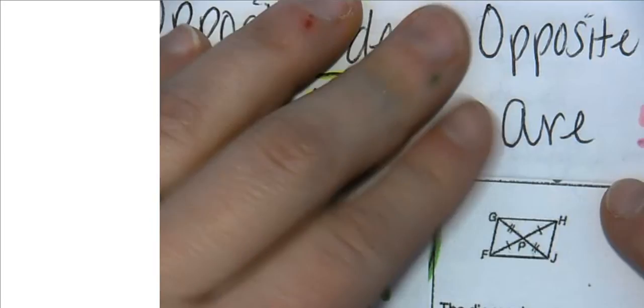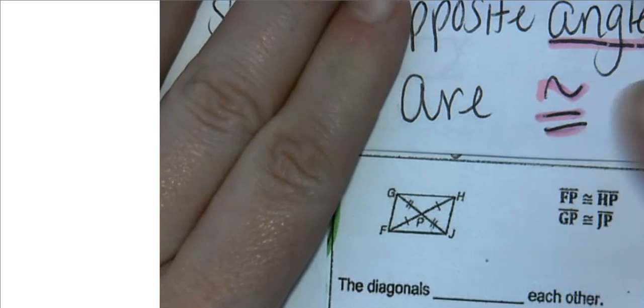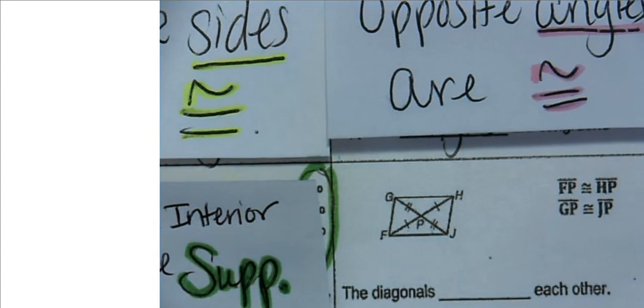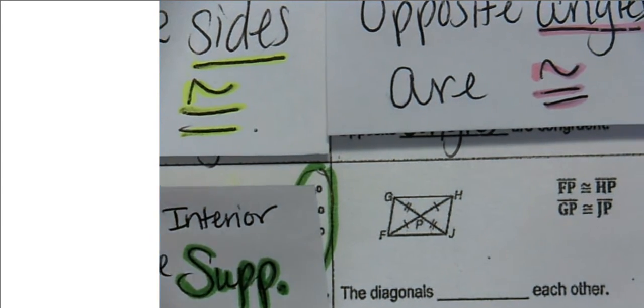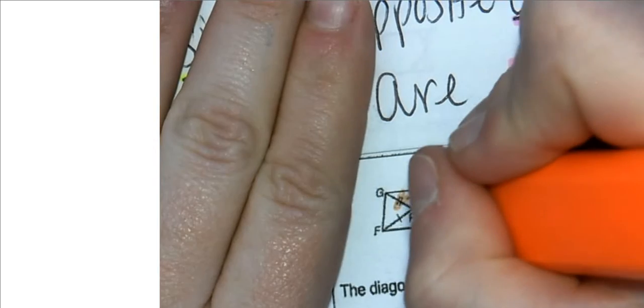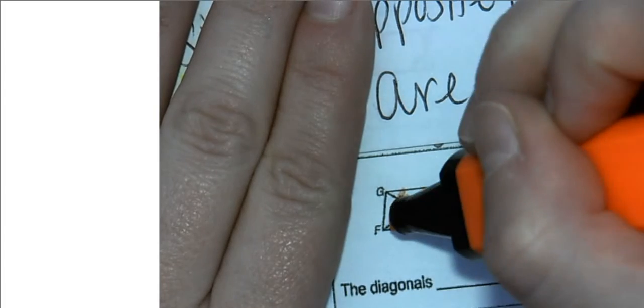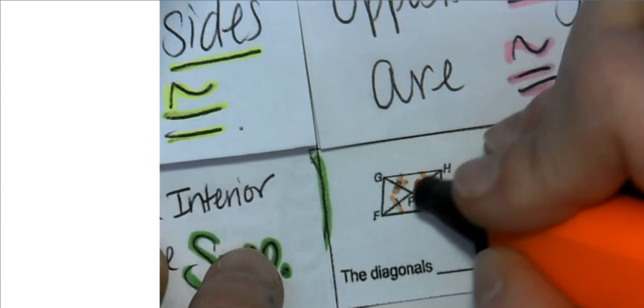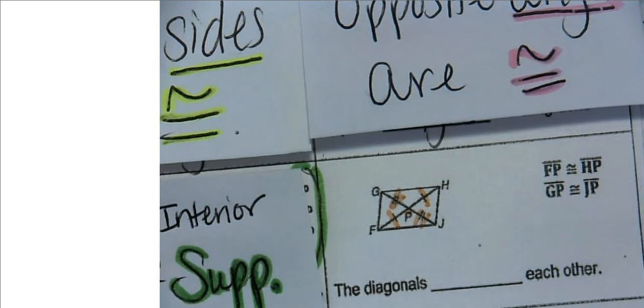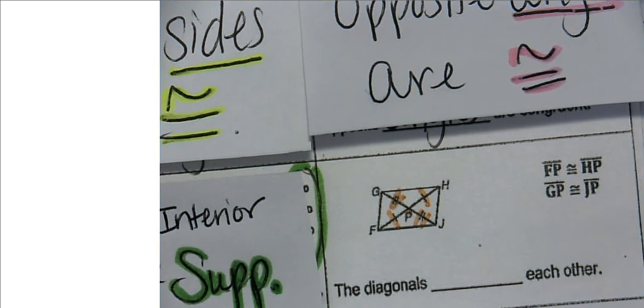Finally, we learn about the diagonals. Although the diagonals are not congruent to each other, they do bisect each other. They do cut each other in half. This one has 2 tick marks, this one has 1. They're not the same length, but the diagonals intersect at a midpoint, and that midpoint indicates that they bisect each other. Remember that bisect means to cut in half.